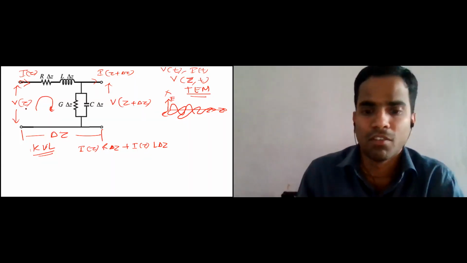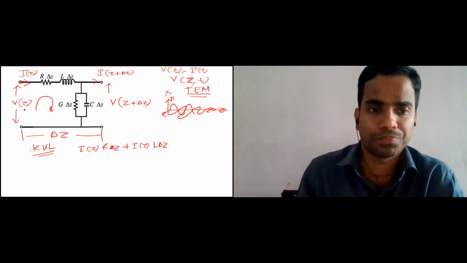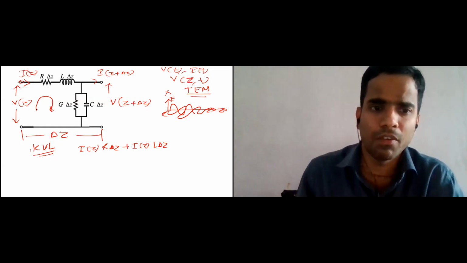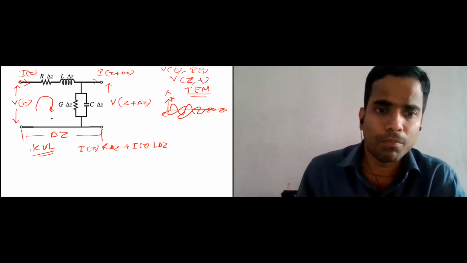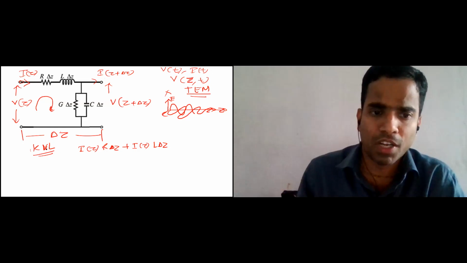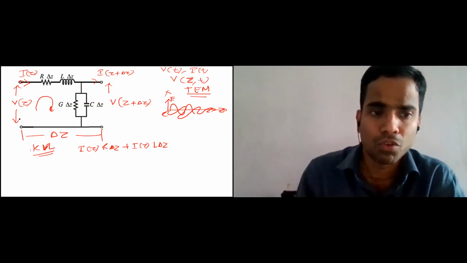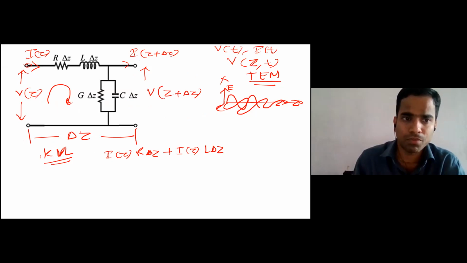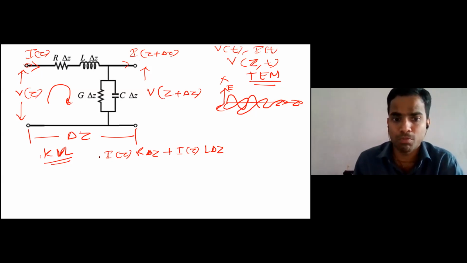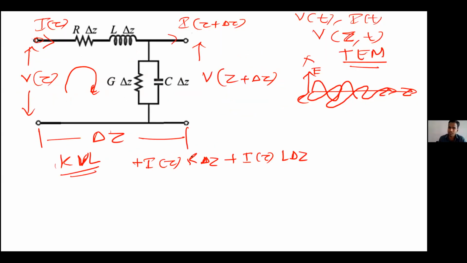For others who don't understand, I will explain how to apply KVL. In KVL, we account for the voltages, the potential drops. If we begin from here, as she started from here, and went in the direction of current, she assumed the drop across the direction of current to be positive.